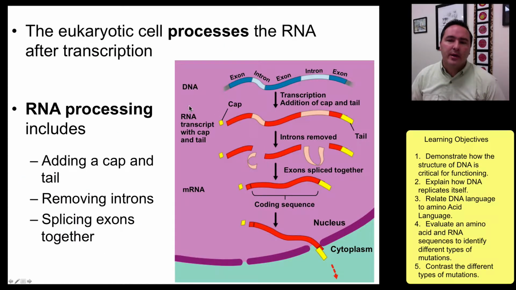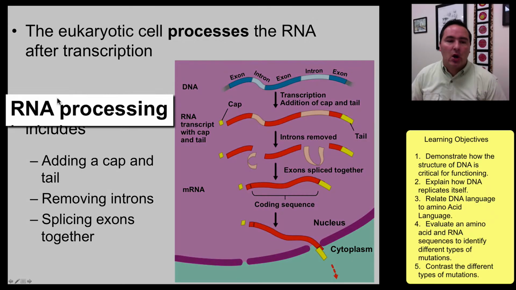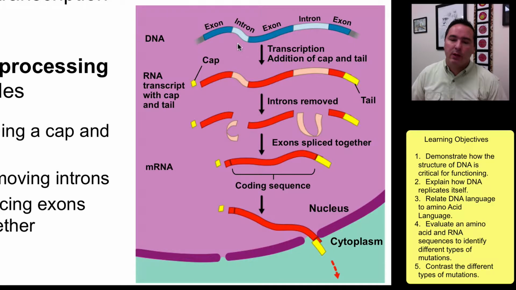Now in eukaryotes, there's one other thing that needs to happen, and that is called RNA processing. So here's the DNA. We go through and do the transcription and we get this RNA product. But notice that in eukaryotes you have different parts of the genetic message called exons and introns.